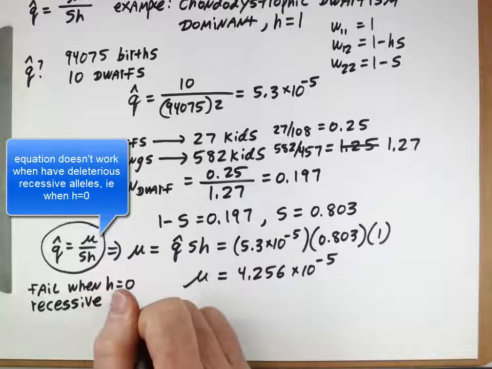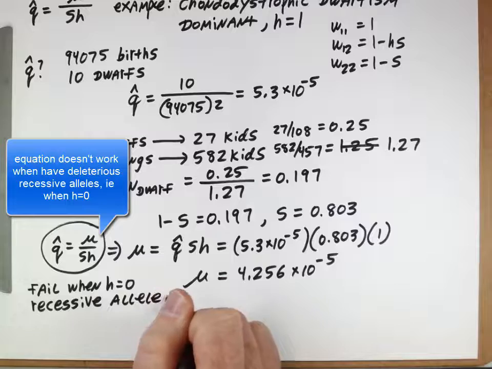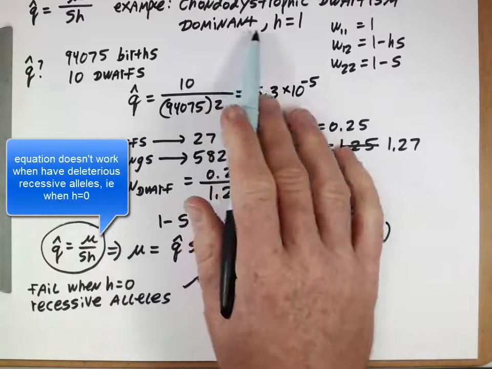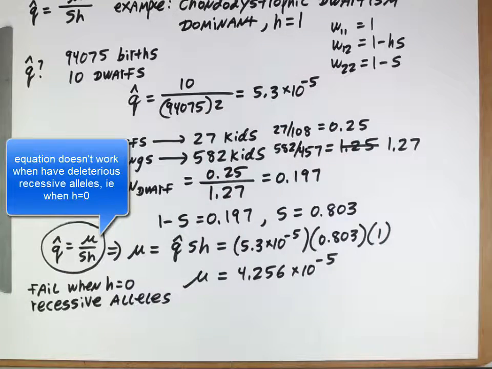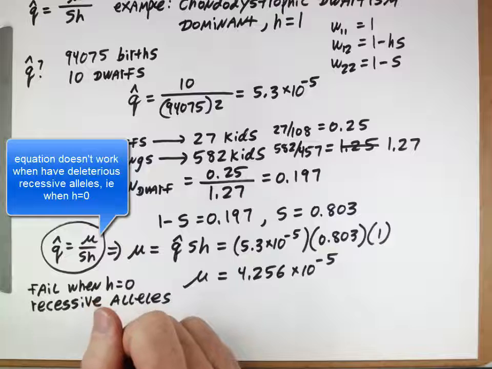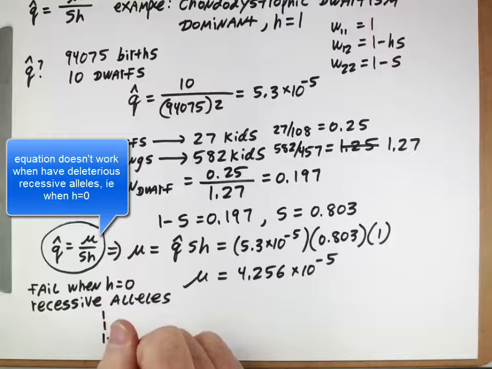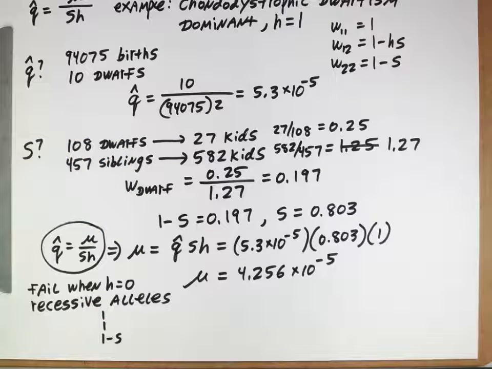So this equation that we've derived, although it works for dominant deleterious alleles, does not work for deleterious recessive alleles, ones in which the fitnesses would be 1, 1, 1 minus s. And as I mentioned before, most of the genetic diseases that we have in society, in fact most of the deleterious alleles that we have knowledge of, are recessive alleles.